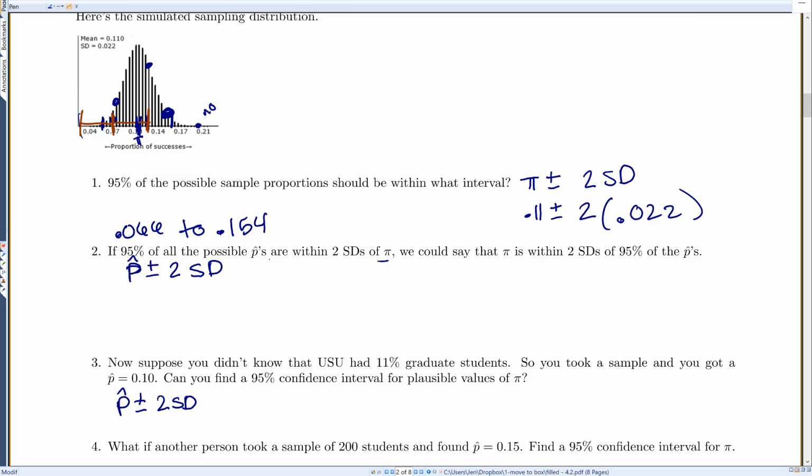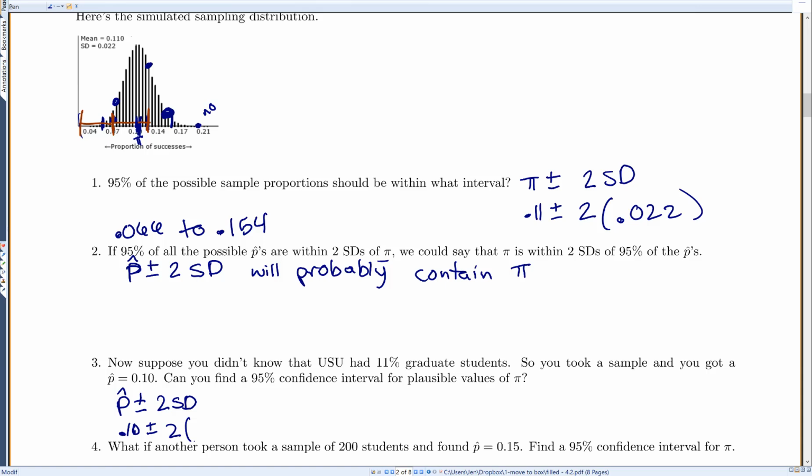Or you can say that p-hat plus or minus 2 standard deviations will probably contain our population parameter pi. So let's figure out what it is for number 3 here. If our sample proportion is 0.10, we'll do 0.10 plus or minus 2 times our standard deviation of p-hat.